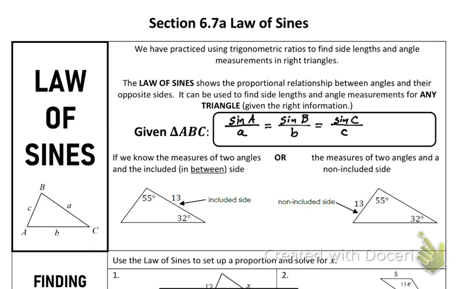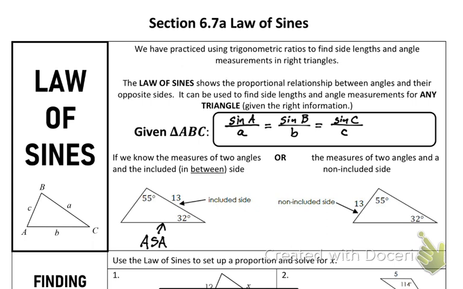So the first way I know for a fact I can use the law of sines is if the triangle gives me the specific information of angle, included side, angle. This was called angle, side, angle. So if I give you a triangle with angle, side, angle information, you can now use the law of sines.